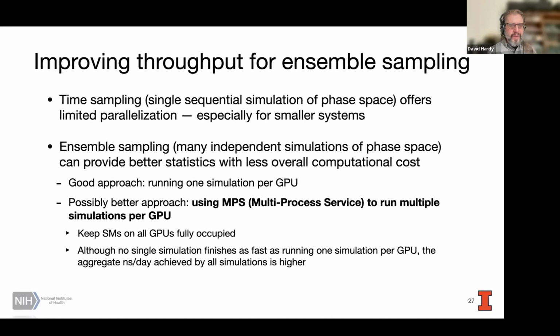But when doing ensemble sampling, where you're running many independent simulations, you can achieve better statistics and really reduce your overall computational cost by not just running one simulation per GPU, which might be a good approach, but possibly an even better approach is to use something called MPS, multi-process server, to run multiple simulations per GPU.